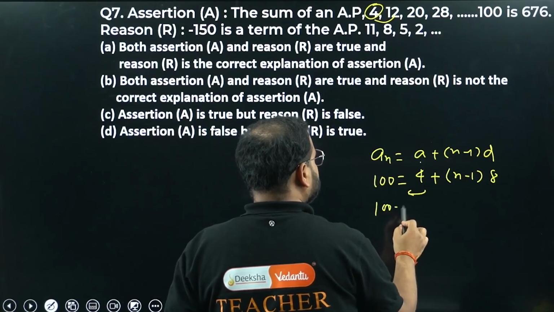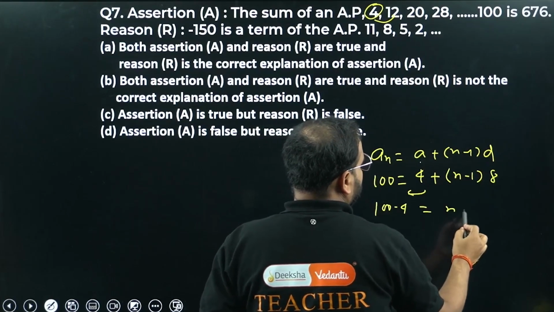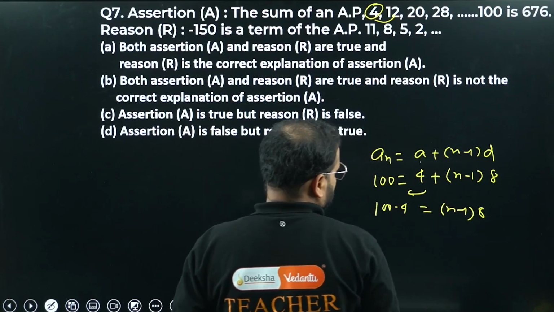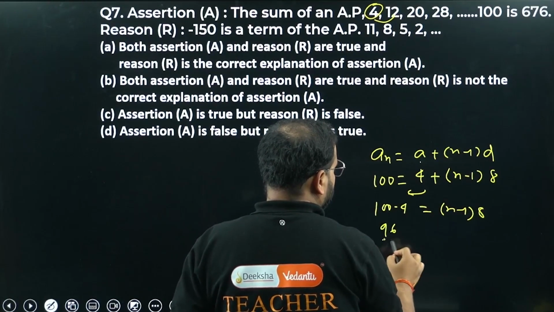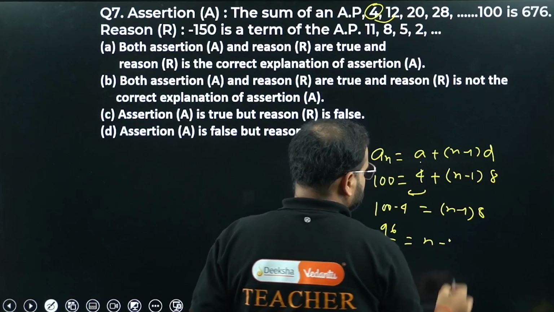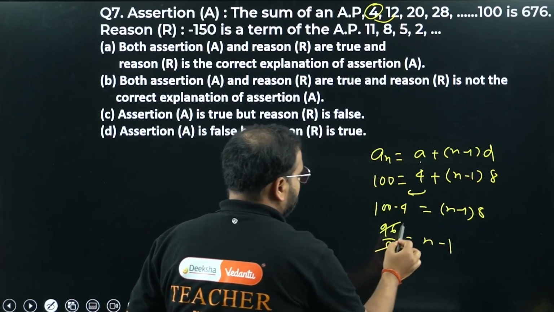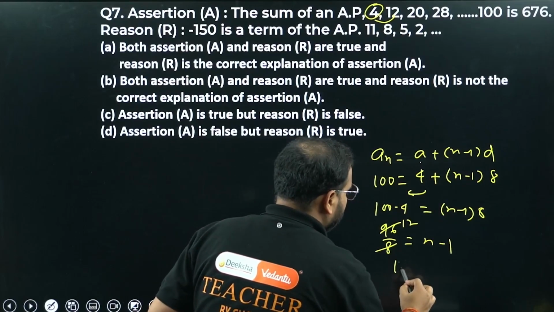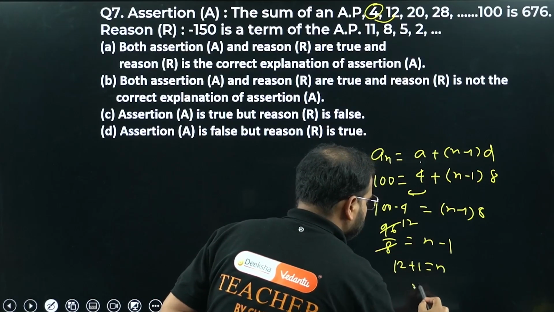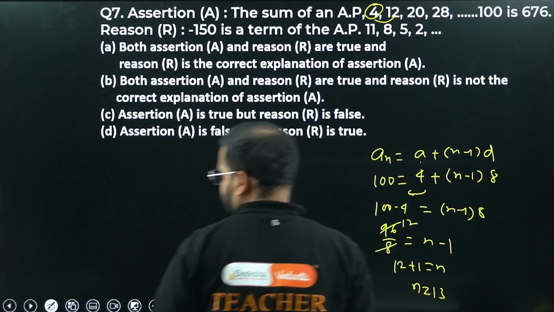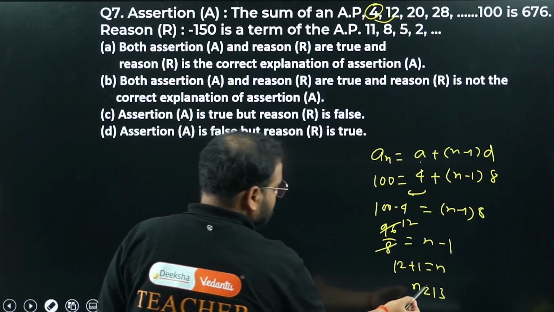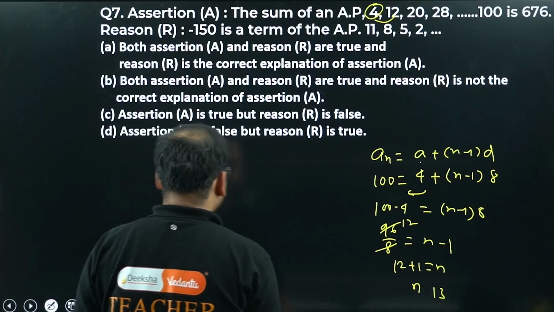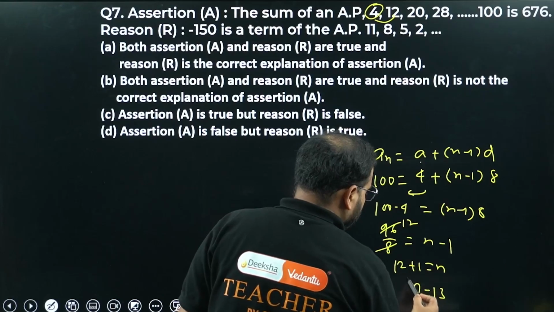So 100 minus 4 equals n minus 1 times 8. 96 by 8 equals n minus 1. 8 twelves are 96. So 12 plus 1 equals n. So the number of terms n is 13.